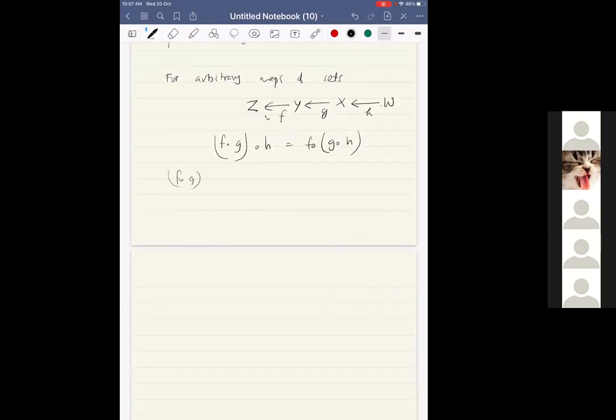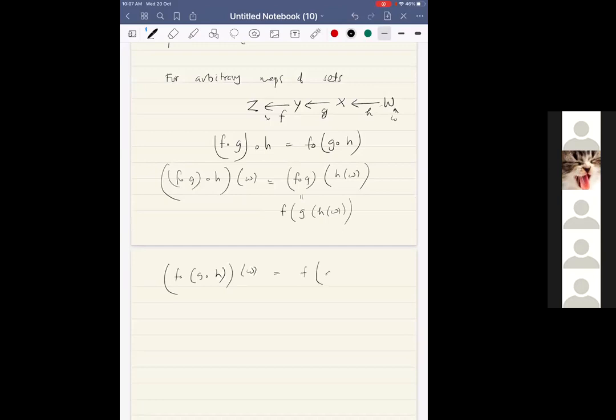Because F composed with G composed with H, acting on a small element here, is by definition F composed with G acting on HW, and if you unpeel the onion, it'll be the same thing.